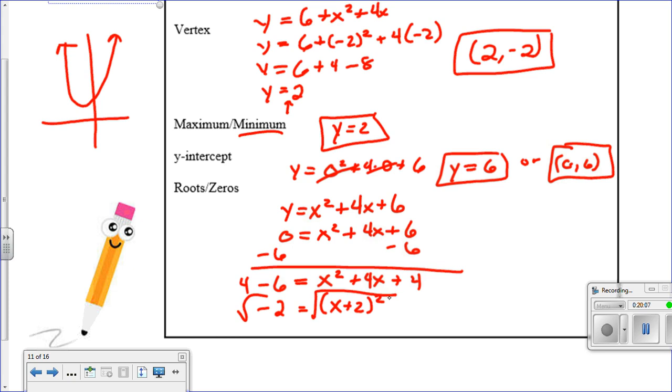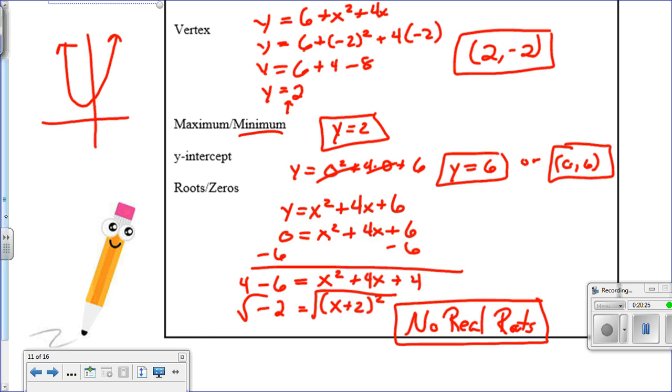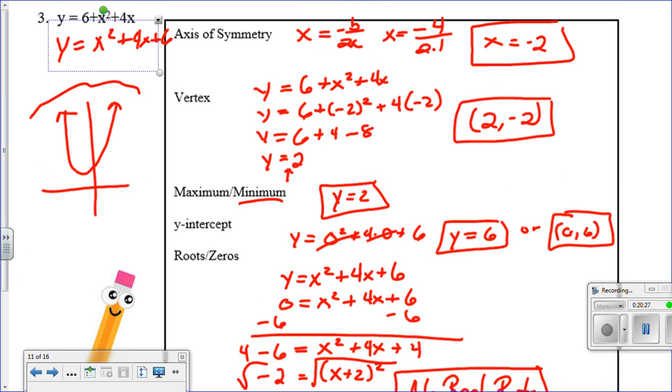Wait a minute. I can't take the square root of negative 2. Uh-oh. You know what this means? This means there are no real roots. Now, I had already graphed it, so I knew that in advance. This is actually the picture that it draws, and it doesn't actually cross the x-axis at all.